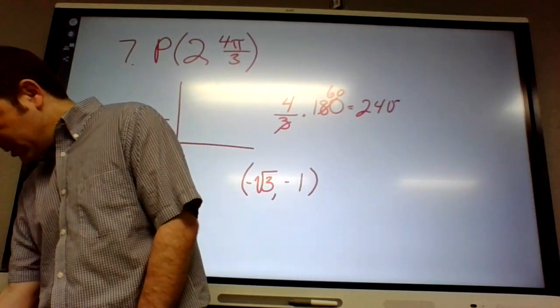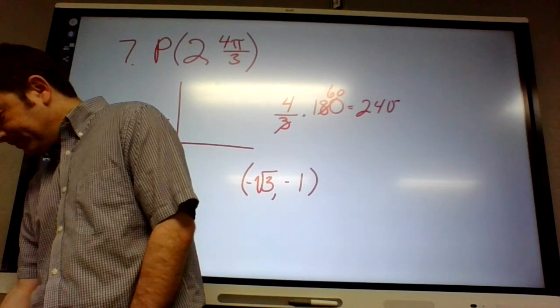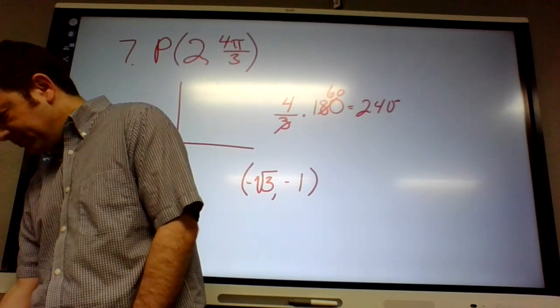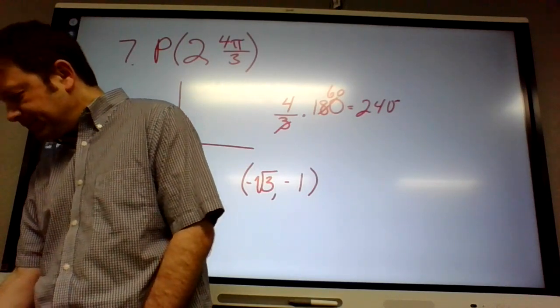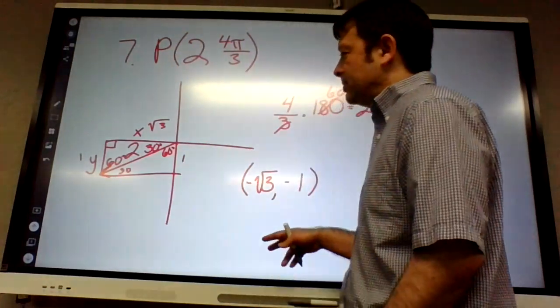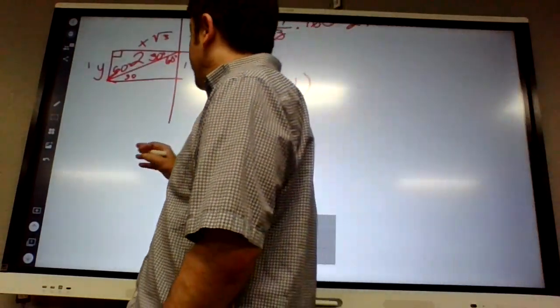The book is making a mistake. Well, we'll just keep it. Maybe the book made a mistake. They just put the x in the other direction.